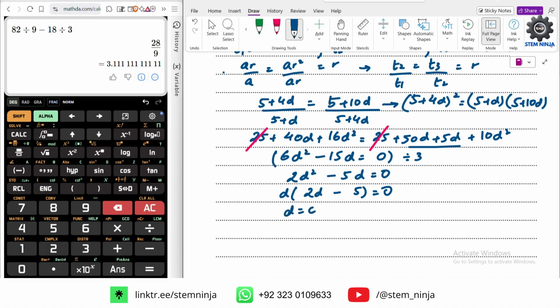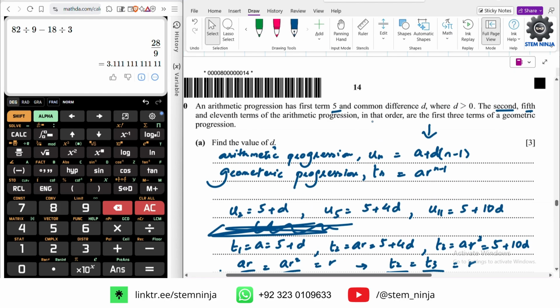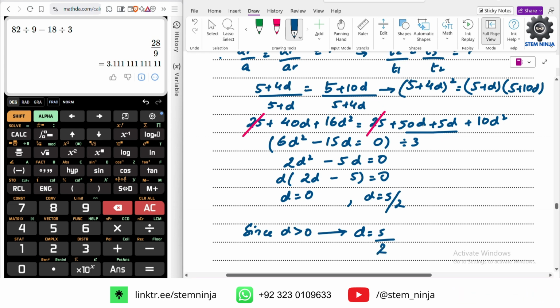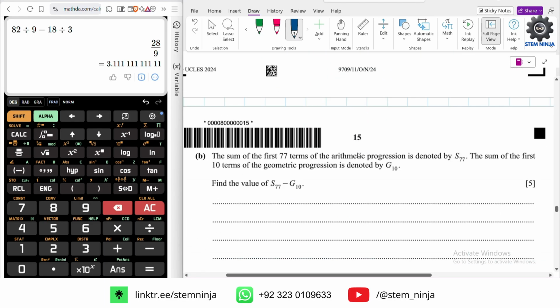So according to this, either d is equal to 0 or d is 5 over 2. Earlier, they told us that d is greater than 0. So since d is greater than 0, therefore d is 5 over 2. Alright, okay, moving on.